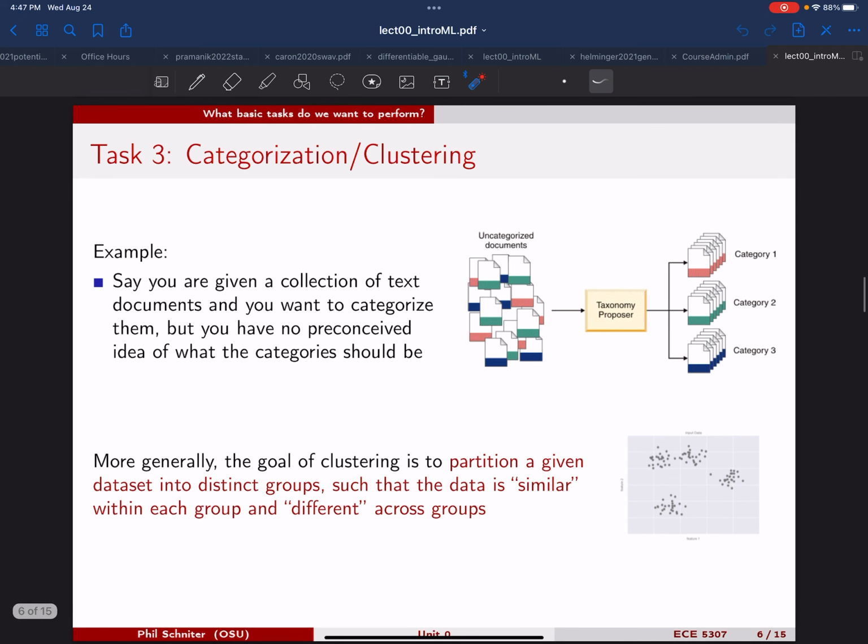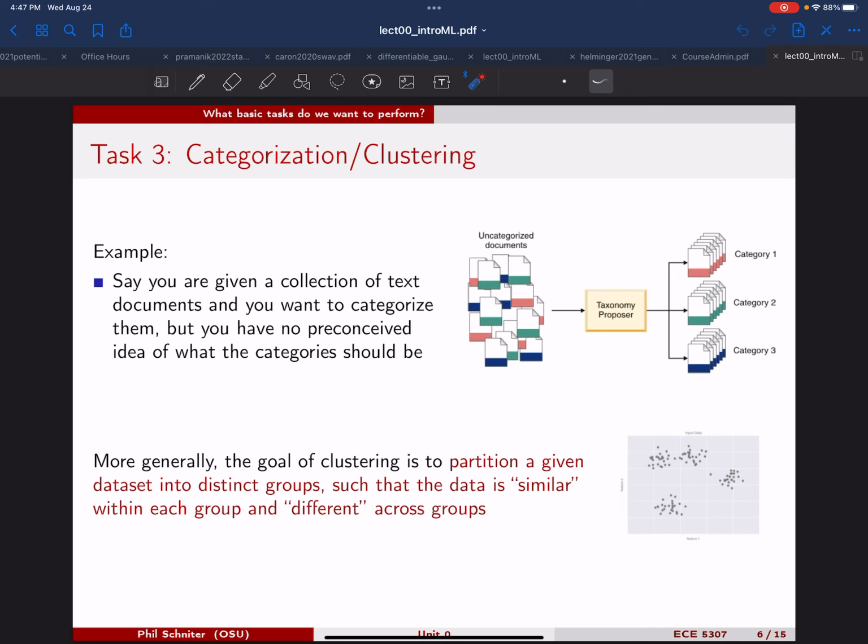Okay. All right, so this third task is clustering, or you can think of it as categorization. It has kind of a different flavor. The problem is like this, and this is just one example. Imagine that someone gave you a collection of text documents, just this random collection, and they want you to categorize them. Like, okay, these are maybe about sports, these are about news, these are about mathematics, or whatever.